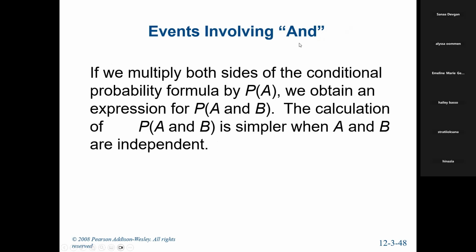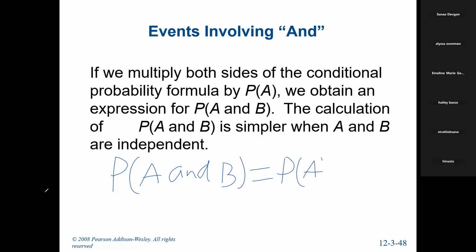Let's talk about events involving AND. If you multiply both sides of the conditional probability by P of A, we obtain an expression for P of A and B equals P of A times P of B given A. If the two events are independent, you can replace P of B given A with P of B. So the calculation of P of A and B is simpler when A and B are independent.